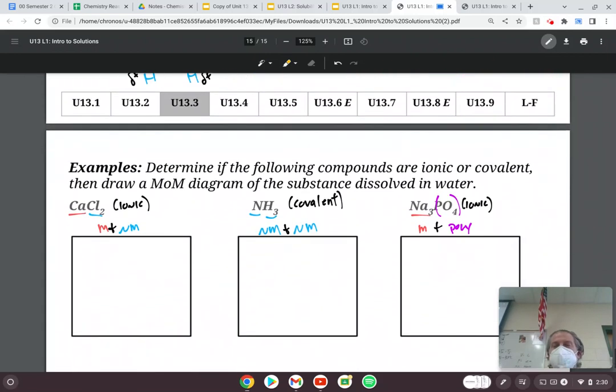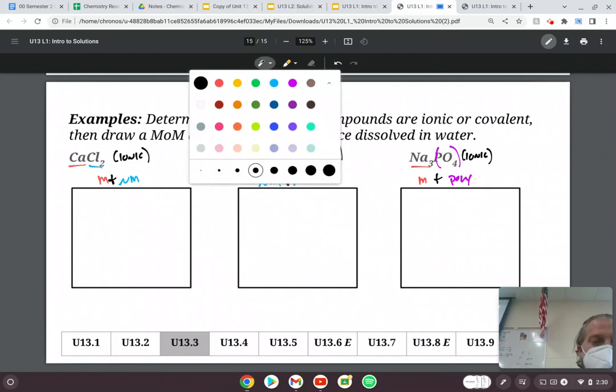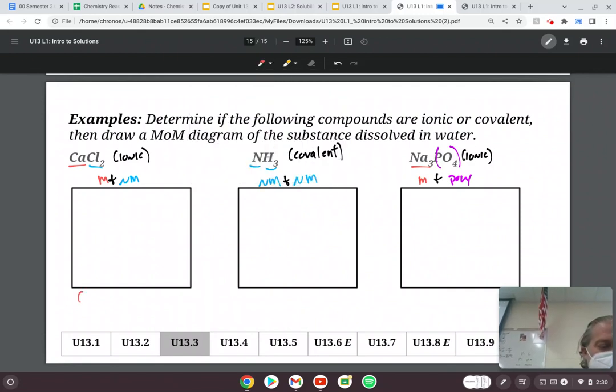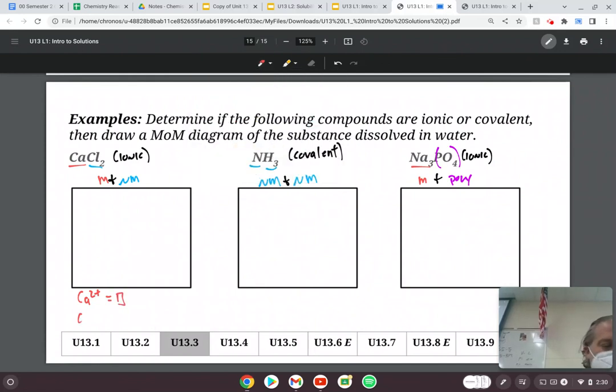So when I go to draw these structures down below, I'm going to have a calcium with a +2 charge, make that a square. I'm going to have a chlorine with a -1 charge, and I'll make that a circle.